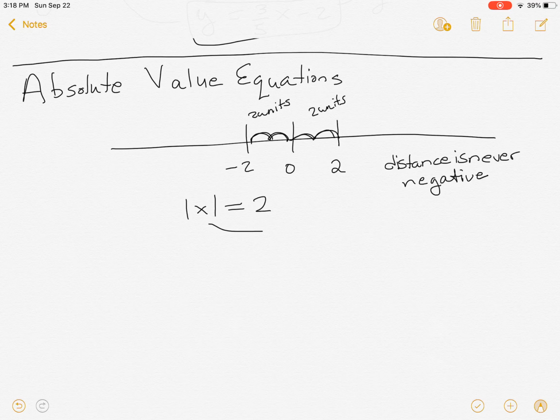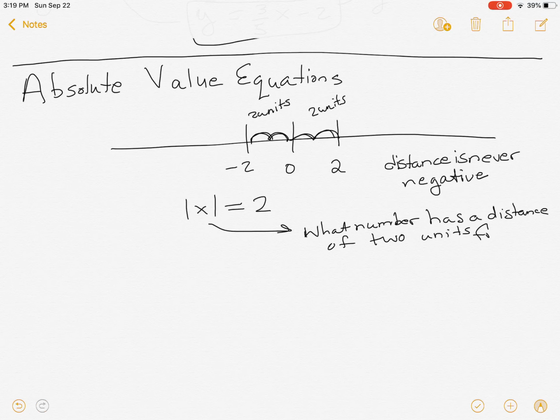What this statement says, the absolute value of x is equal to 2, is: what number has a distance of 2 units from 0?